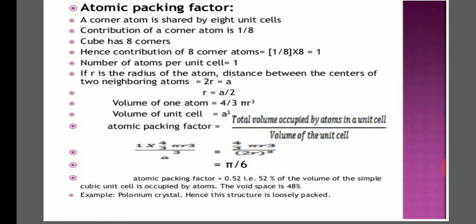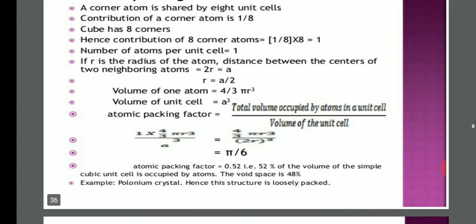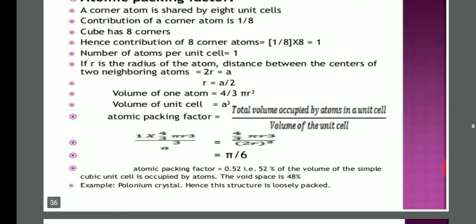So after solving you get pi by 6, and this pi by 6 value is the atomic packing factor, equal to 0.52, or 52% of the volume of the simple cubic cell is occupied by the atoms. Example, polonium crystals. Hence this structure is loosely packed.